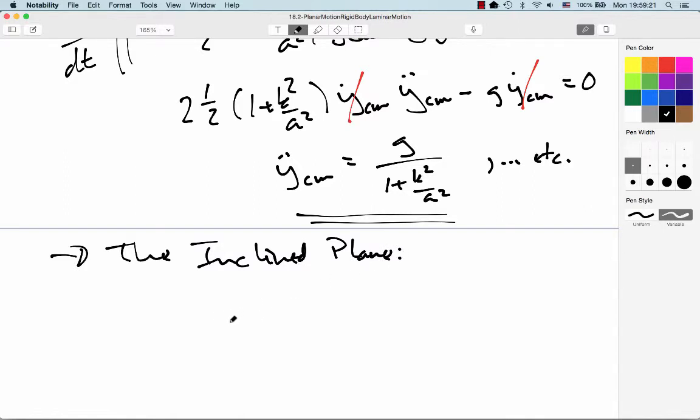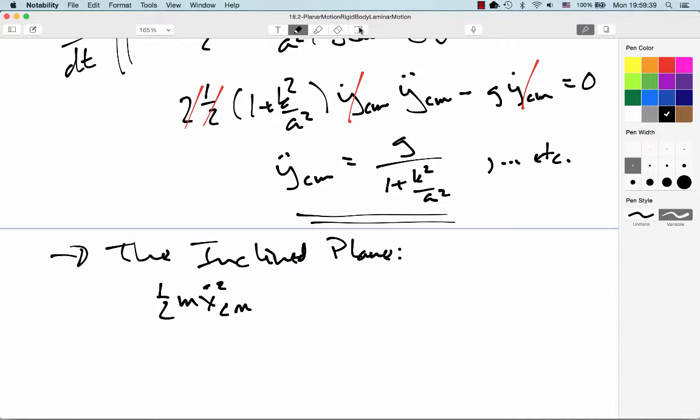So the only real difference here is our y's become x's. Our y's become x's, so we get 1/2 x dot squared.